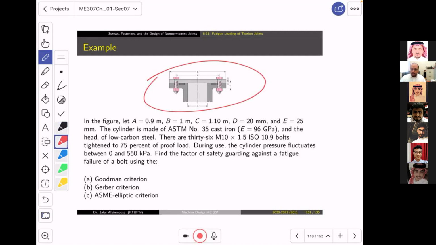Of course, this doesn't mean that the previous example that we did with respect to monotonic loading, which is static loading, is not important. It is. But as we told you before, and we keep telling you, fatigue is the problem. Fatigue is responsible for failing 70, people say up to 80% of machinery.